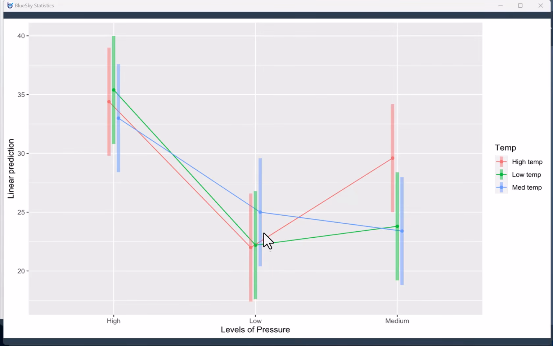The best settings are with low pressure, and in fact, not much difference between the different temperature settings at low pressure, but the best setting is high temperature or low temperature. And I just go with my gut and say low pressure, low temperature would be the best setting for this process.